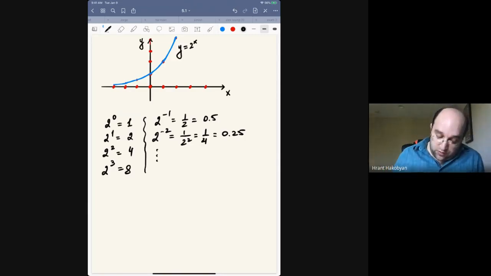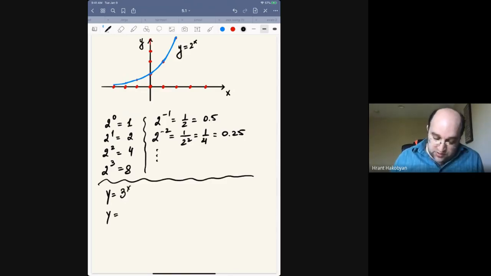I could have drawn the function y equals 3 to the x, right? Or instead of a larger number, I can take something between 1 and 2. So for instance, 1.5 to the x.